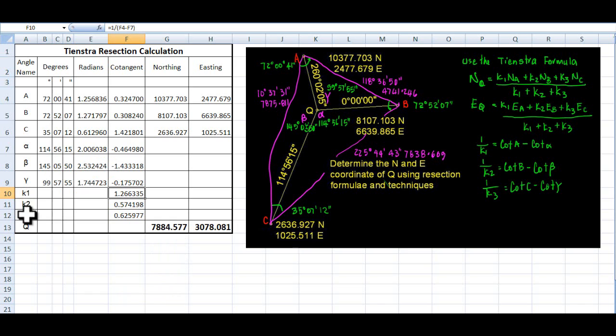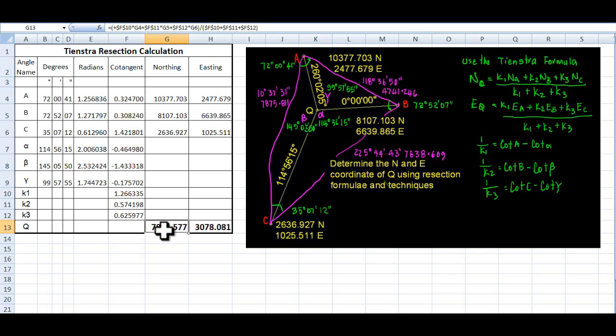We've got our K1, K2, K3, our northing and easting. It just remains then to put in our formula here. Now what I've done here is I've put the formula in such a way so that I could transfer it over to the other one by using the dollar signs as constant values.